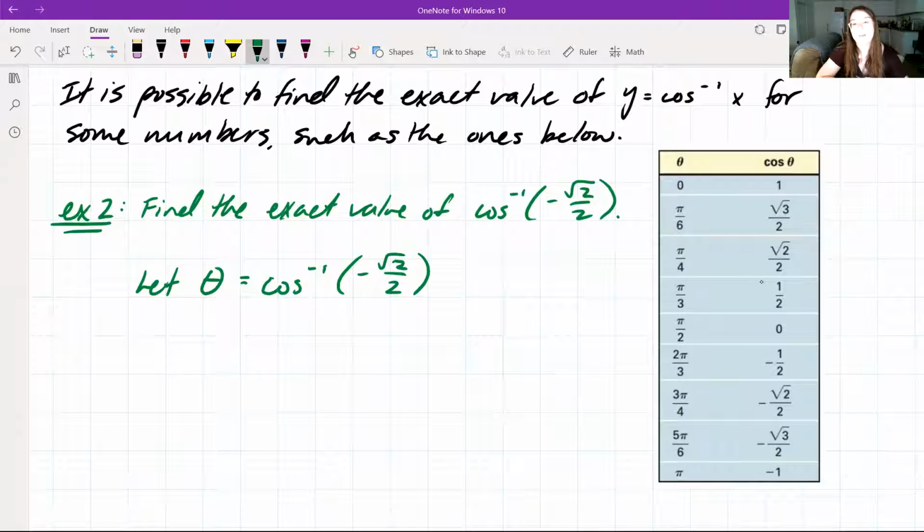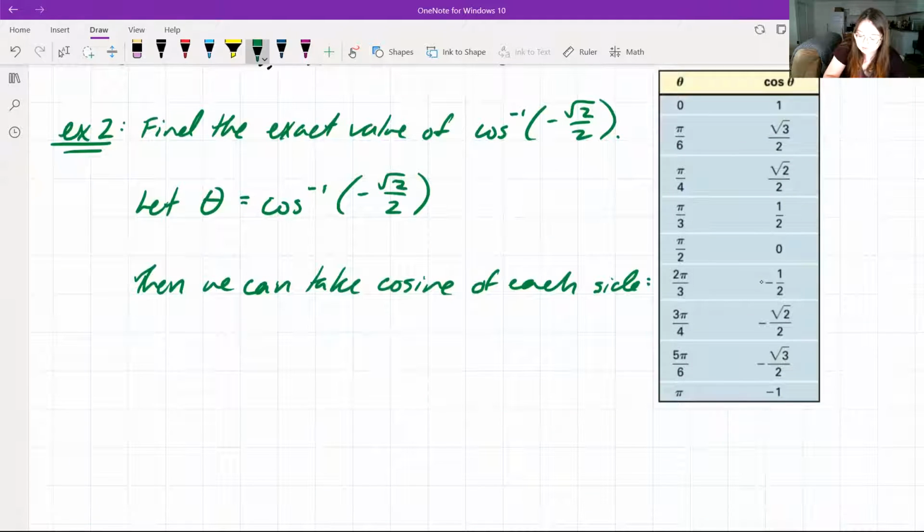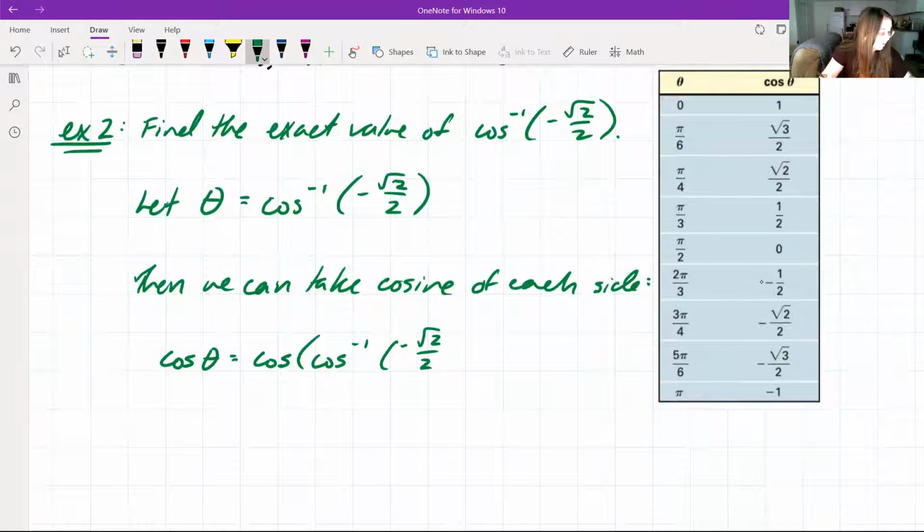Then we want to take cosine of each side. When we do that, we'll end up with cosine of theta is equal to cosine of cosine inverse -√2 over 2. And remember, this is for theta between 0 and pi in this case.